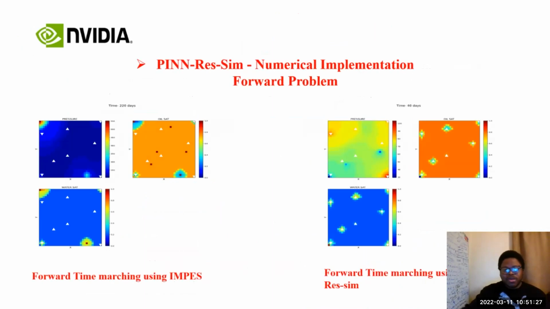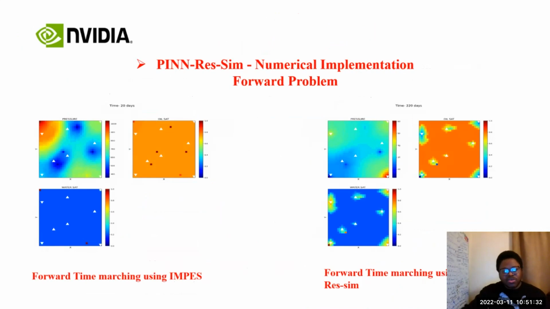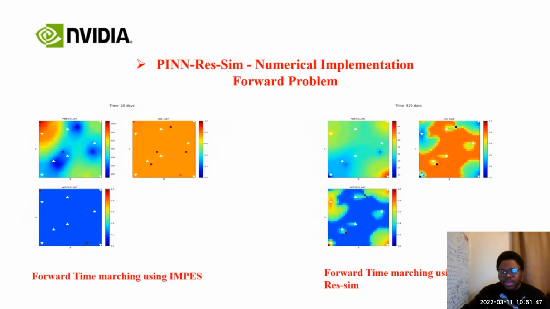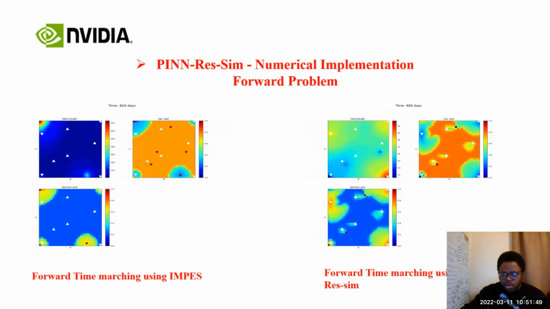So for the numerical experiments, on the left is your impulse approach here. Your triangle facing upward is your producer, and the one facing downward is your injector. You can see that there's still a little bit of work to be done in the resolution around the injector and producer, but it's similar in the sense that you're injecting water at the edges, and it's pushing the oil towards the producer.